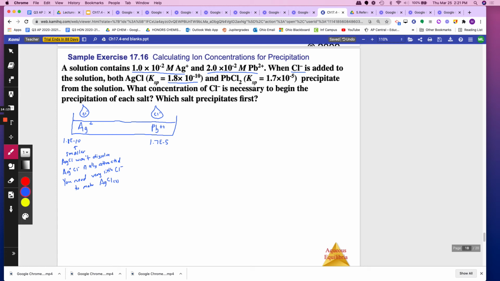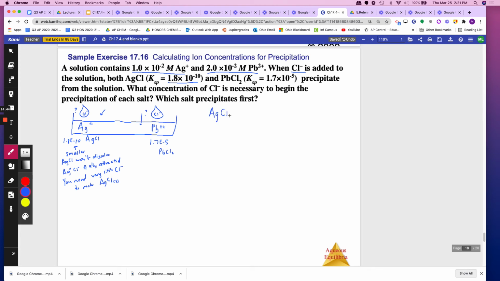Okay, so here's the question. What concentration of Cl minus, so how much of this, do you need to precipitate this salt and to precipitate this salt? To make AgCl, how much Cl minus do you need, and how much Cl minus do you need to make PbCl2? Okay, so you're going to have two equations. First is AgCl.